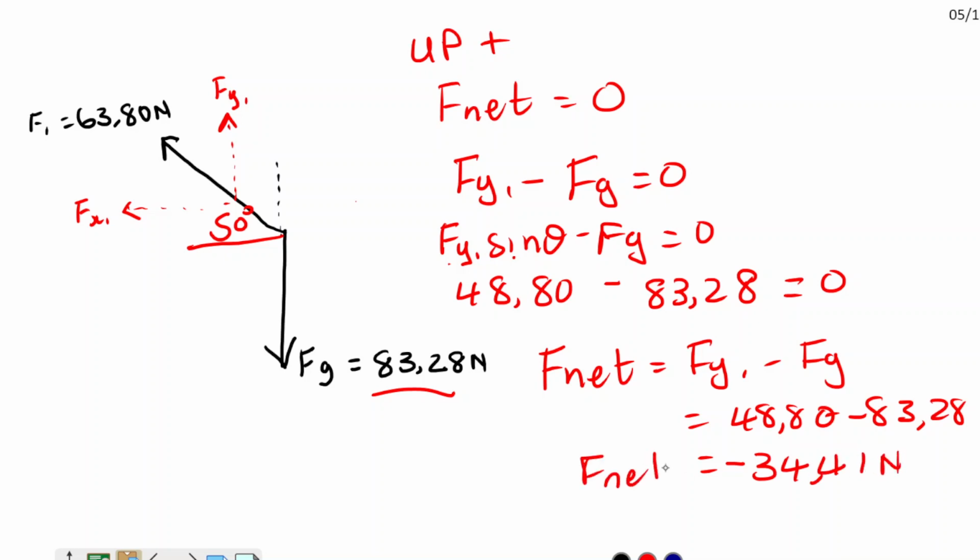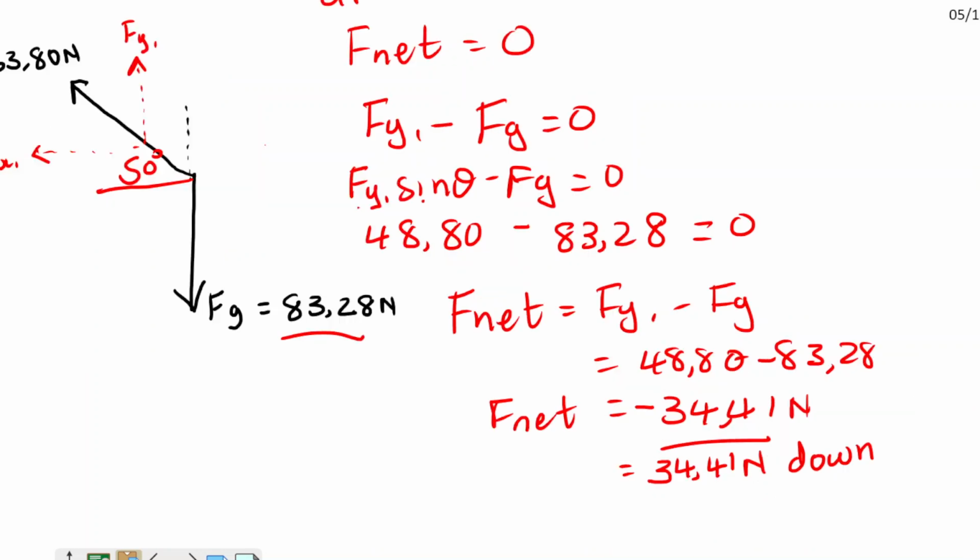So the net force on the box now will be negative 34.41, or you can say it's 34.41 Newton downwards, because up is positive and down is negative. So this is the answer for the last question. This is the end of our question 2. Now we are moving to question number 3.